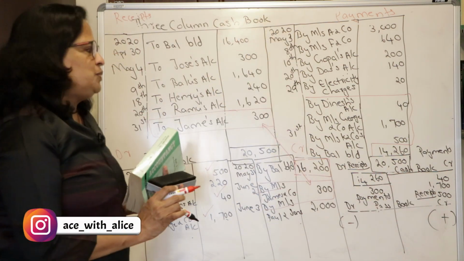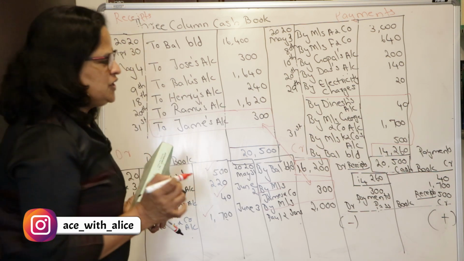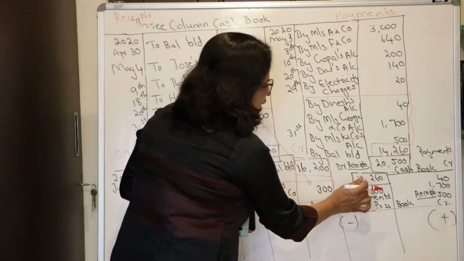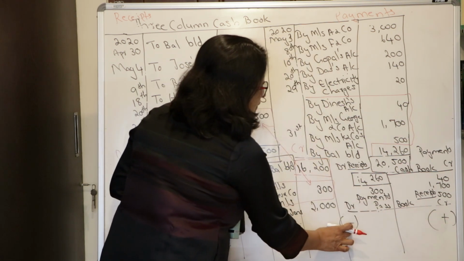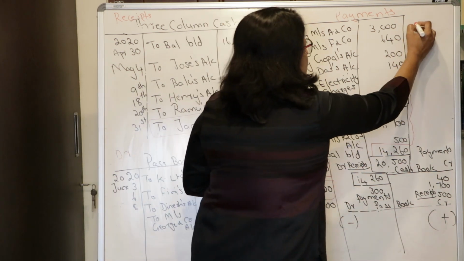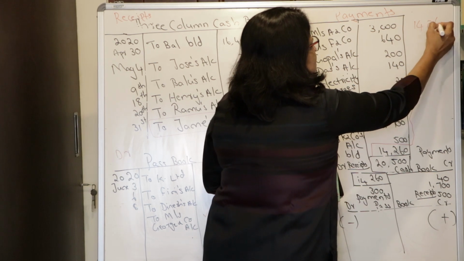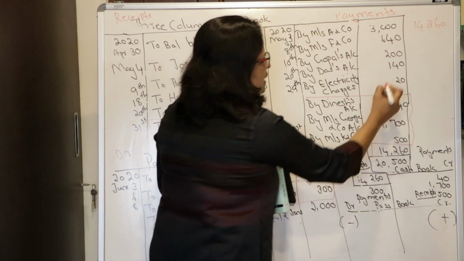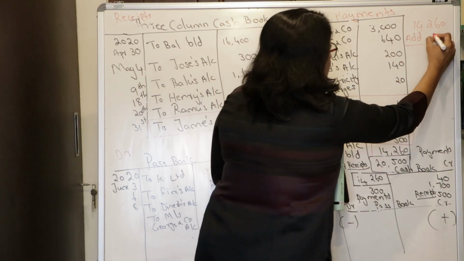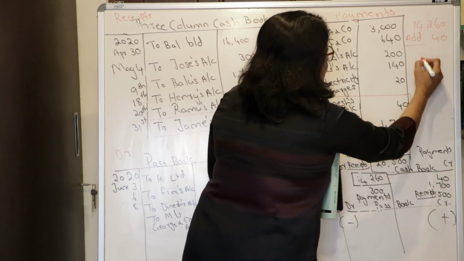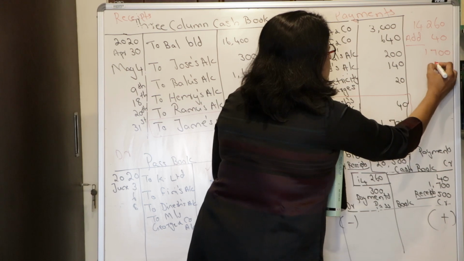Now it's very easy to prepare the bank reconciliation statement. You know that when we are preparing from the cash book, when we are starting, the plus is here and the minus is here. Now how do you do it? 14,260, that is the cash book balance. Add these values, that is 40, 700 and 500.